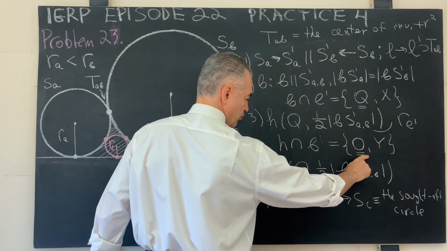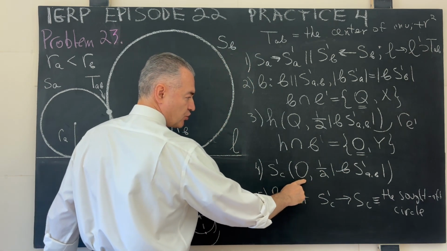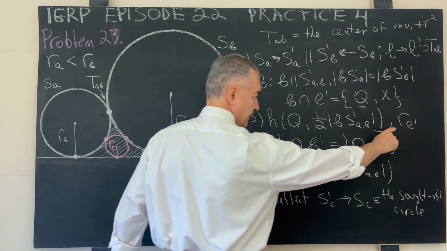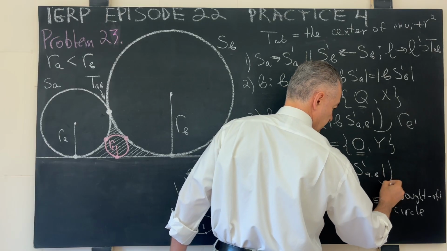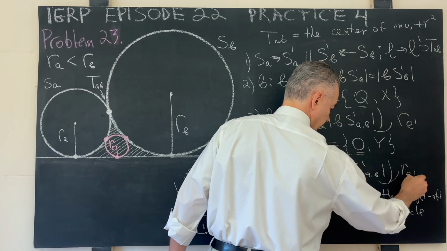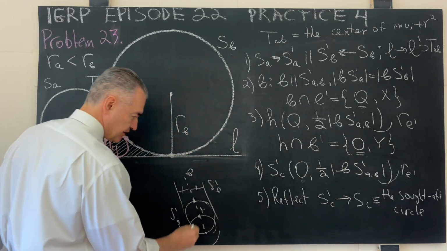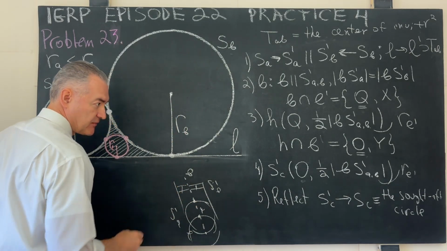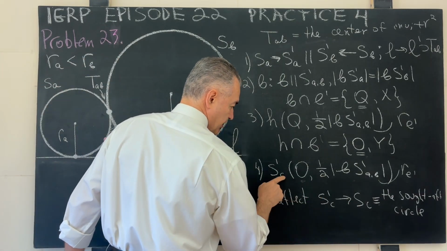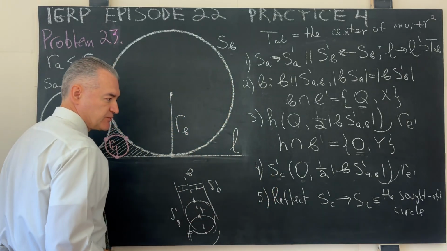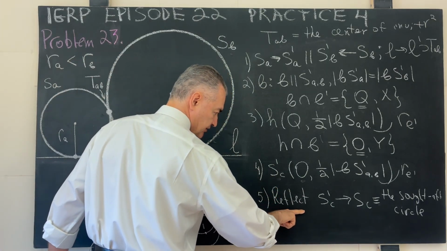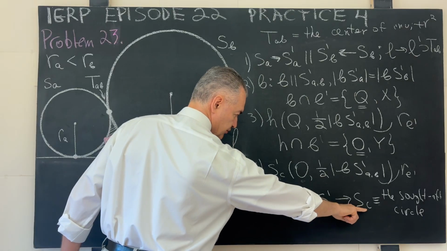We pick this point as the center of a circle that has the same radius as the radius of the image circle L prime. Half the distance right here, this is half, this is half. That's the radius, and voila, we have our circle S prime C, and then we just reflect the circle S prime C into the sought after circle.